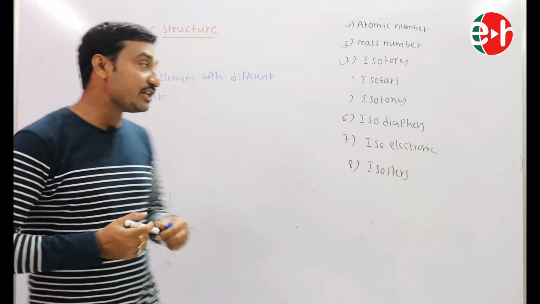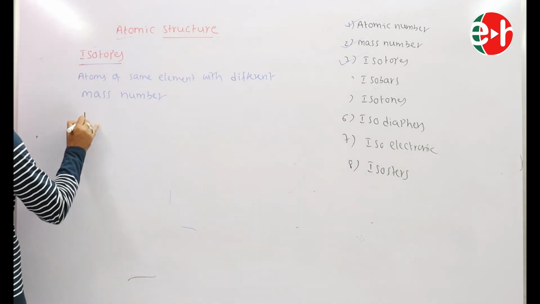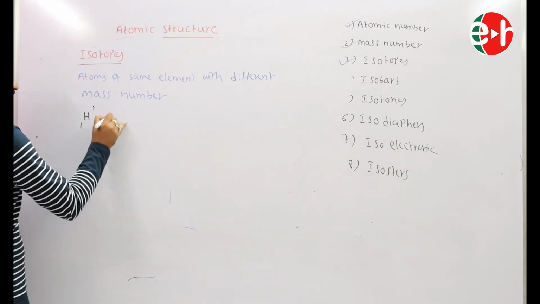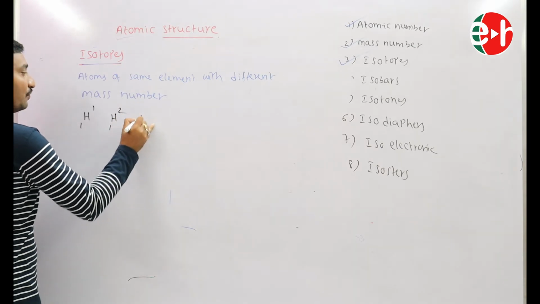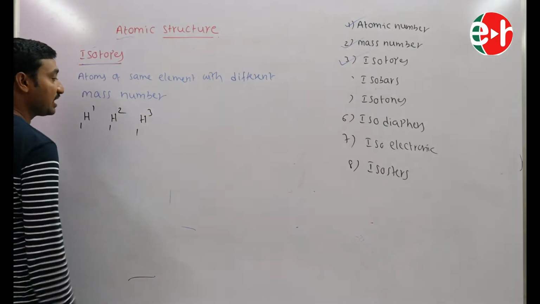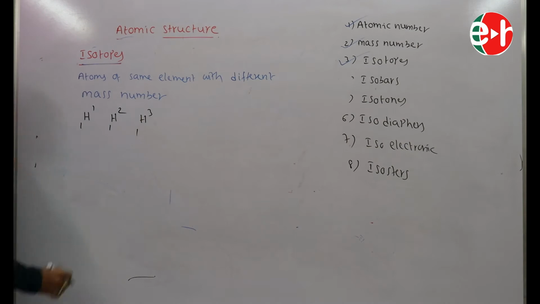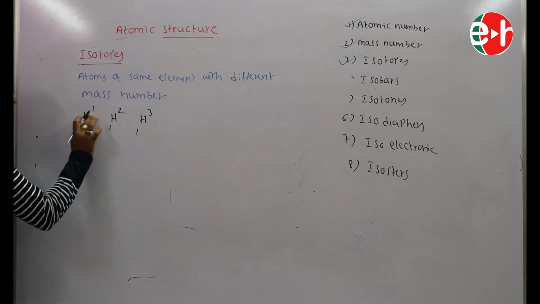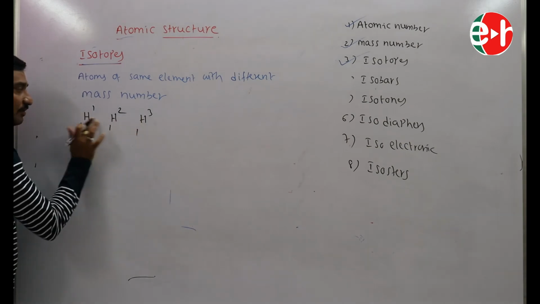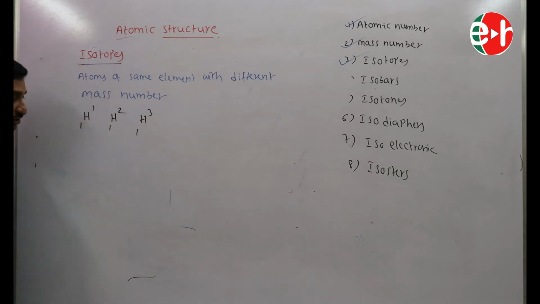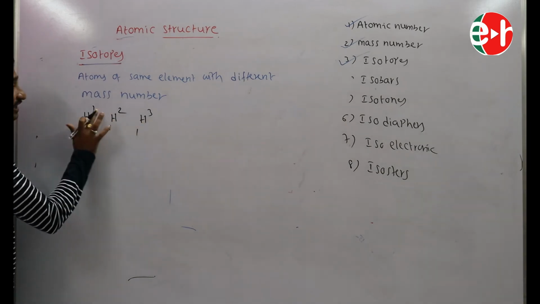Example, hydrogen isotopes: 1H1, 1H2, 1H3. These are hydrogen isotopes. Here see, atoms of the same element, hydrogen, with different mass numbers.